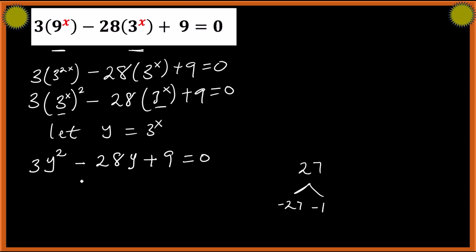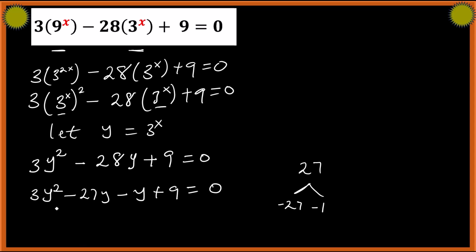Okay, so let's go. We have 3y squared, minus 27y, I've taken this, and this one will be minus 1y. So that will be minus y. It means minus 27 minus 1 is minus 28, plus 9 equals 0. Now let's factorize something out here.